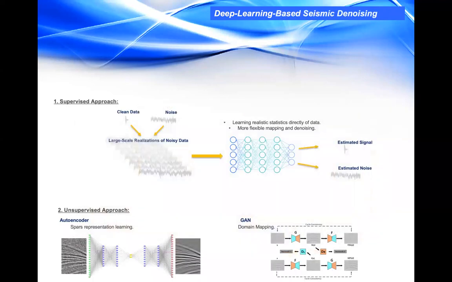Deep learning-based approaches for seismic denoising can be grouped into two main categories of supervised and unsupervised techniques. In the supervised approach, a deep neural network is used to learn a complex statistic of noise and signals directly from a large-scale realizations of the noisy data and suppress it more flexibly using the universal approximation property of neural networks.